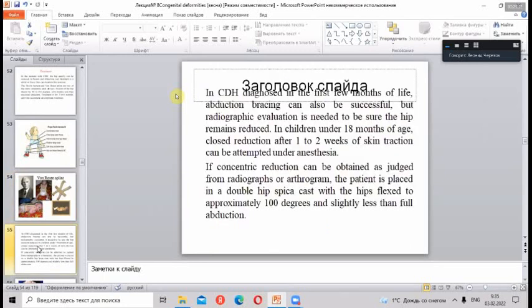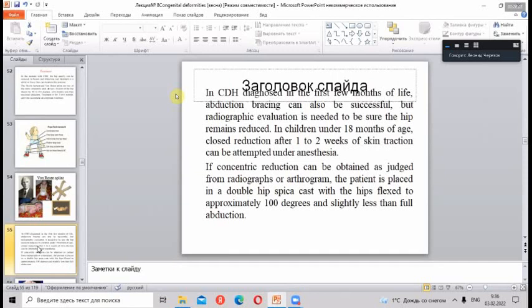In congenital dislocation of the hip diagnosed in the first few months of life, abduction bracing can also be successful, but radiographic evaluation is needed to be sure the hip remains reduced.